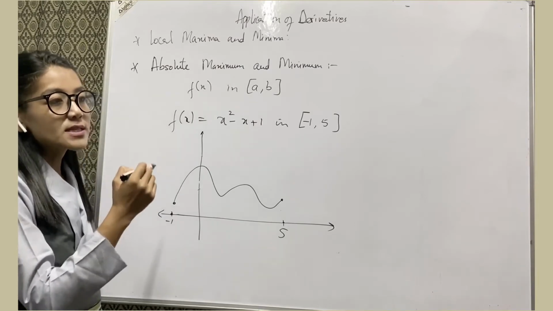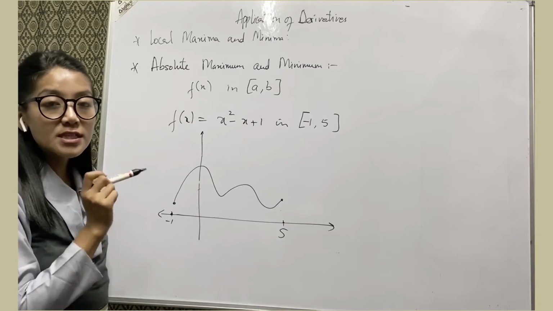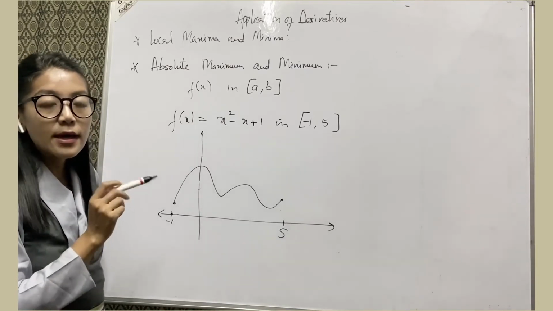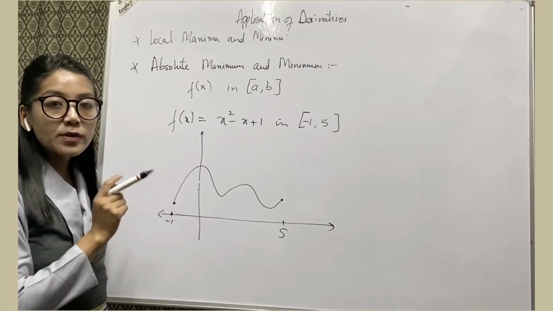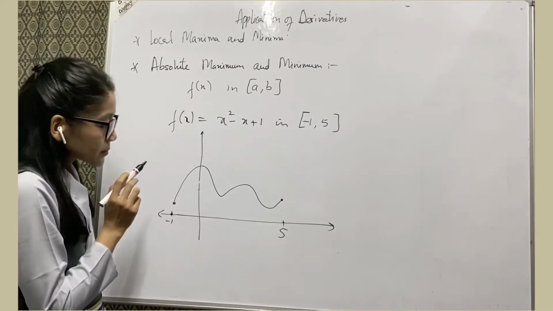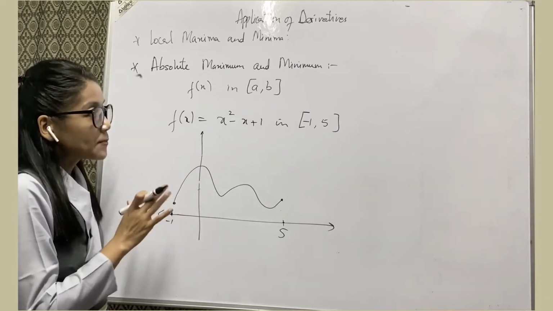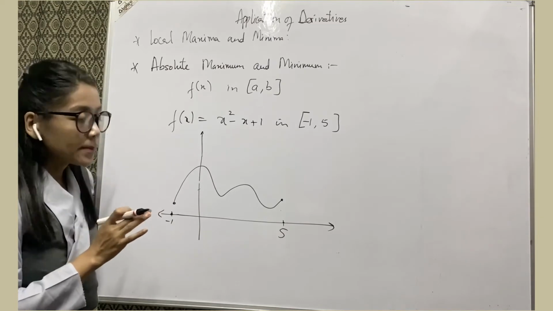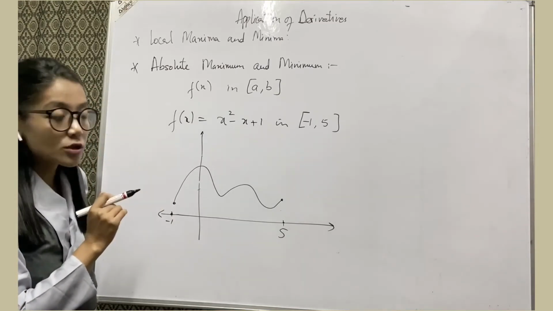So when a function is increasing and then starts decreasing, the point at which the function is changing its behavior is called the critical point. So at least one critical point will be there for this function in the interval. Now when you are finding the absolute maximum and absolute minimum, what possibilities do we have when the function is neither increasing nor decreasing?